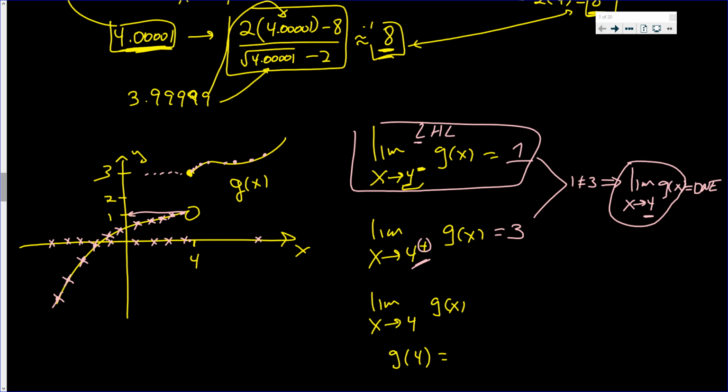Okay. And down here, this is called the right-hand limit. So we already talked about this. It does not exist. Now, what's g of 4? Well, if you want to find g of 4, you go to 4 and you look straight up until you hit the graph.